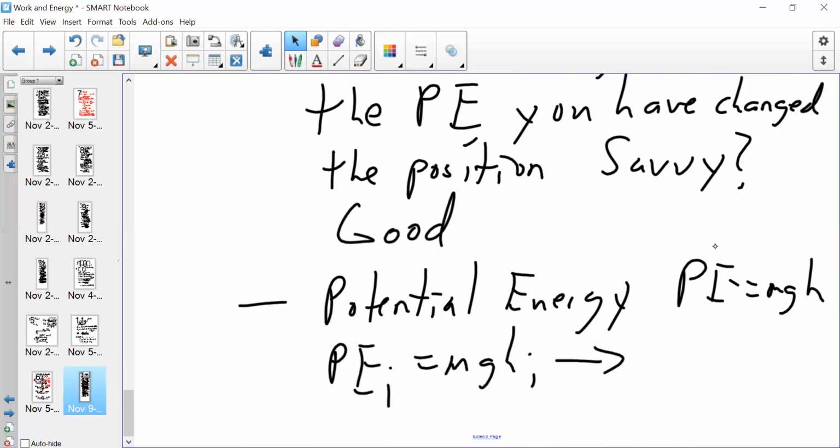There is no height at the ground. So 0 potential energy, and all forms of energy, kinetic, work, potential energy, are measured in joules. So there's no potential energy, or we can say 0 joules at y initial or h initial.